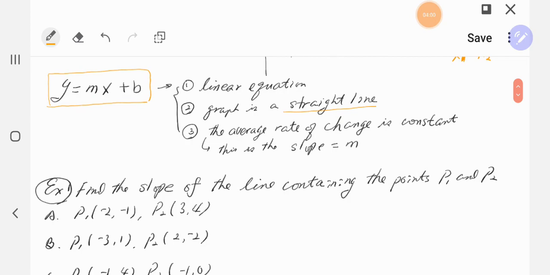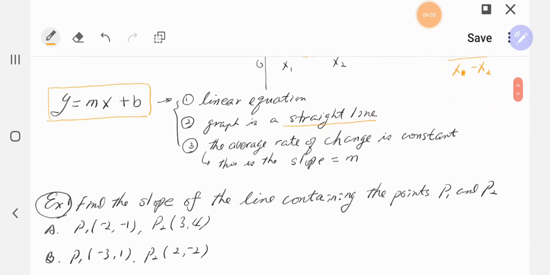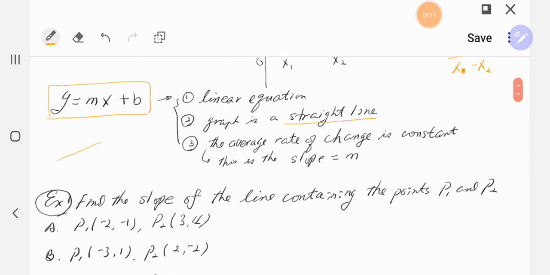And then the average rate of change. The average rate of change is the slope. It's always the same. Here is a line. Let's say this is the graph of this linear equation. Let's select any 2 points, point 1 and point 2. The slope of these 2 points is the same as selecting other 2 points.